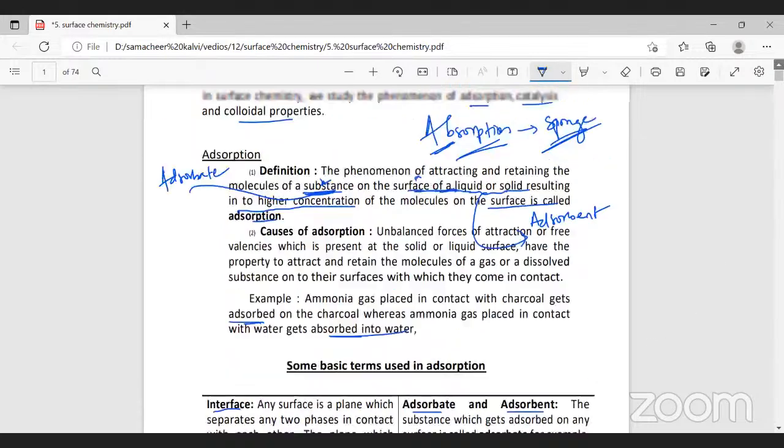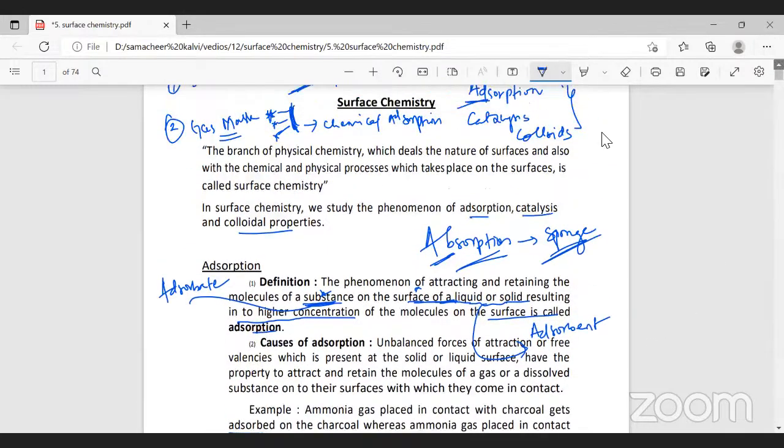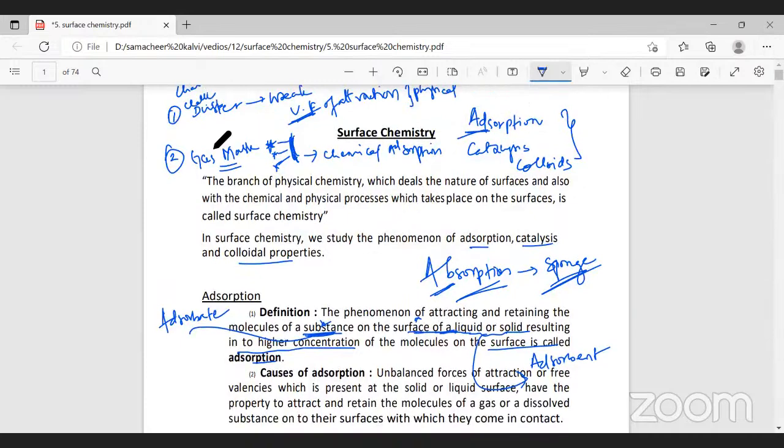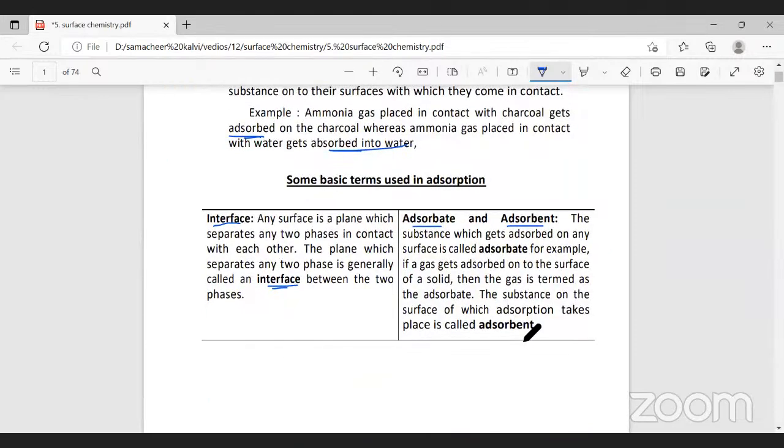In the chalk and duster example, chalk powder will be the adsorbate and the duster will be the adsorbent. In the case of a gas mask, the poisonous gas will be the adsorbate, and the charcoal present in the gas mask will be called the adsorbent.